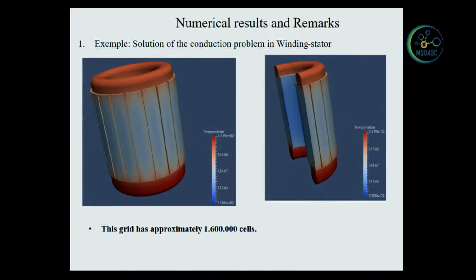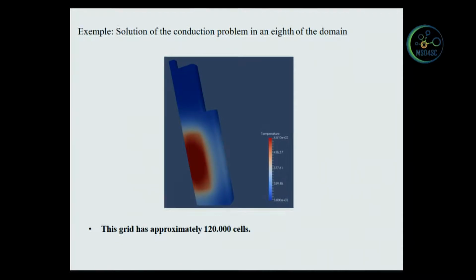For the second, here I use a smaller model. The dimension of our model is the same, but we use coarser meshes, because to solve the conduction problem we don't need very, very fine elements. Here it's the 8th of the domain. We can see the rotor, the stator, the air gap, and the magnet.